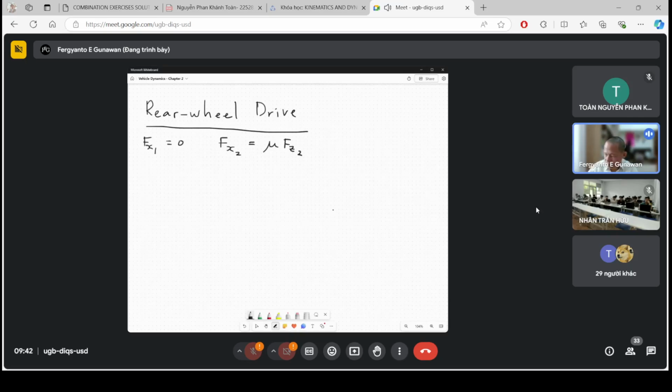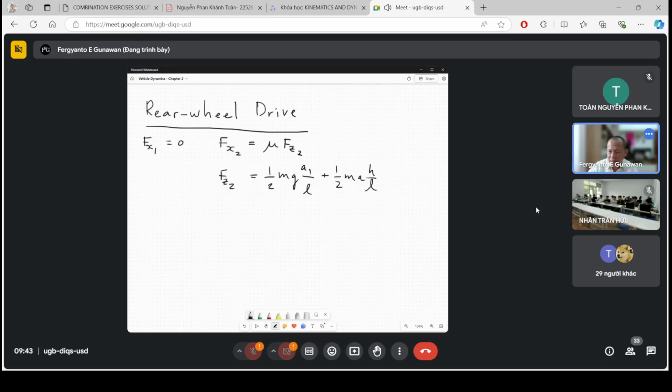From previous work, we understand that fz2 equals 1/2 of the weight, mg, times a1 divided by l, plus half of m and a and h divided by l.